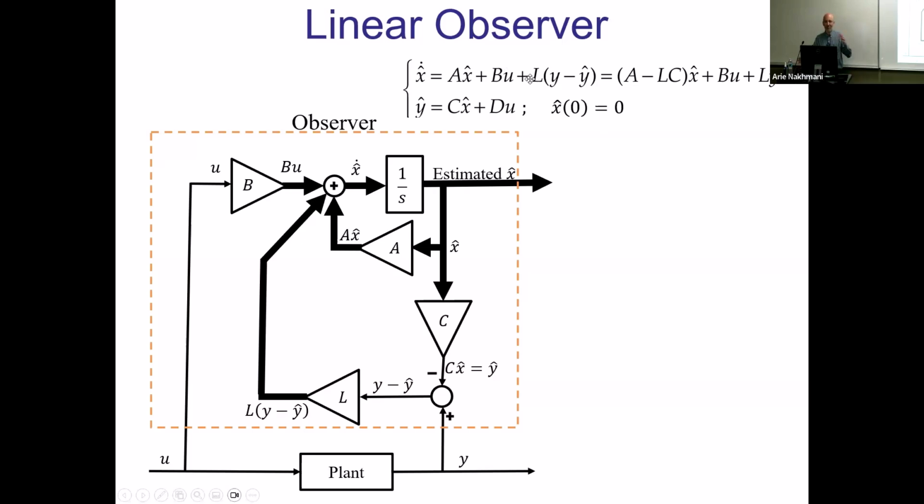I'm just combining it in a different way. But look what happened here. If you're thinking about U and Y of the observer as inputs, then you have practically a linear system with two inputs, and your new A matrix of the observer part will be that matrix.